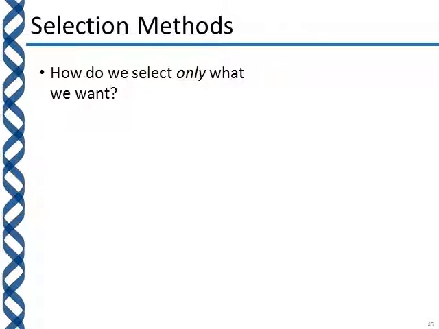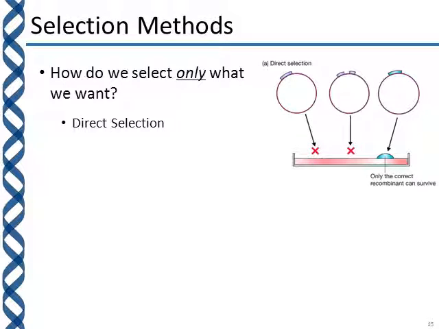Thus the question becomes, how do we select only the clone with the desired characteristic or gene that we want? Well, first, there's direct selection. Direct selection is a manner in which there is a specific method you use to select only an environment where the correct recombinant can survive.